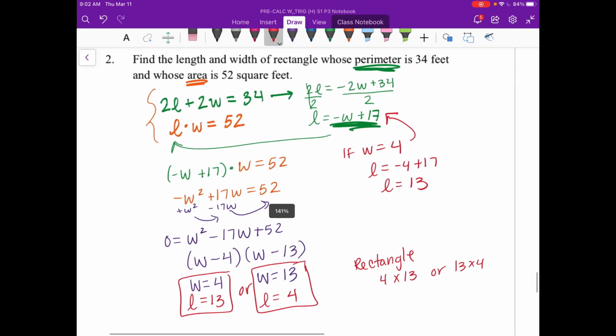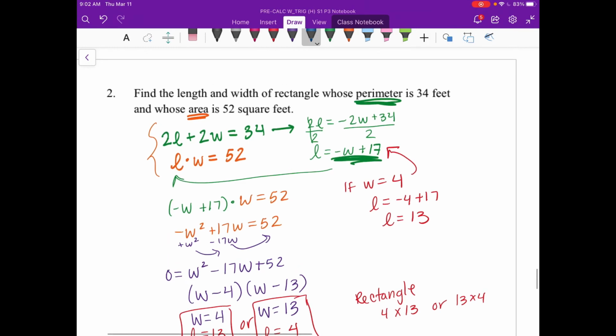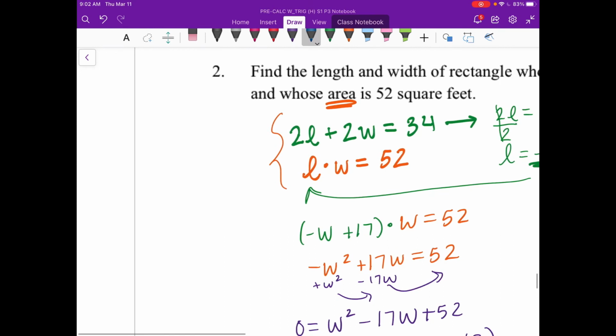The other option to solve this one, you could also use substitution by solving for L or W and rearranging the second equation instead. So if you chose to go that route, you have L times W equals 52.